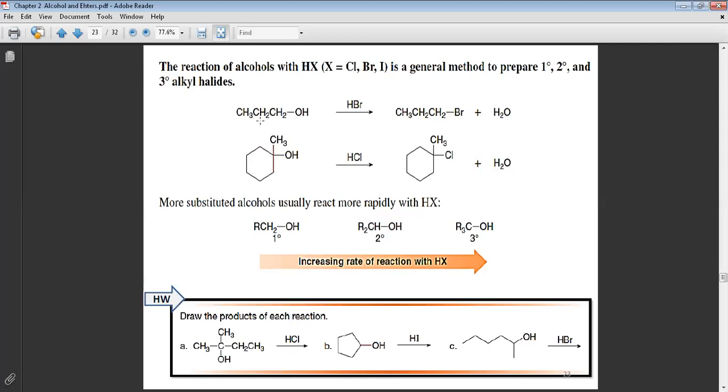If you use a primary alcohol like this, the mechanism will be SN2. Why SN2? Because it is easy for the Br nucleophile to attack the carbon, since there are not many groups on the carbon, not crowded. There is less steric effect.